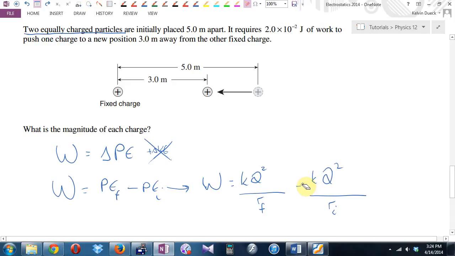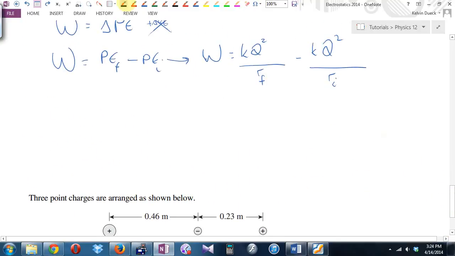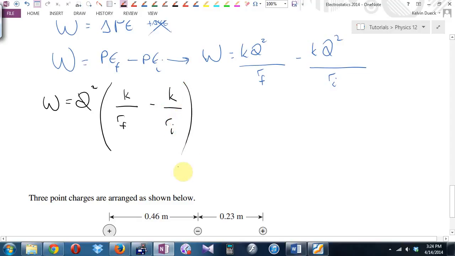I'm going to factor out a Q to turn it into 1. When I do that, I end up with W equals Q squared, left behind, K over R final minus K over R initial.